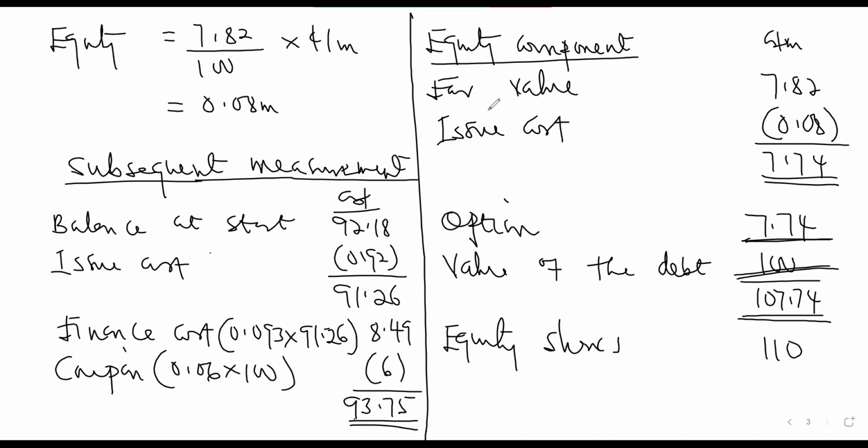So what you do is transfer this value from the debt, or from the liability, to equity. You are also going to be transferring the option to equity. Let me use the double entry to see.